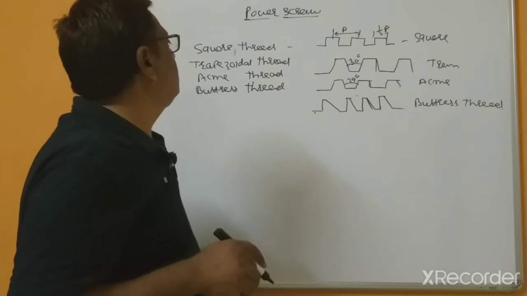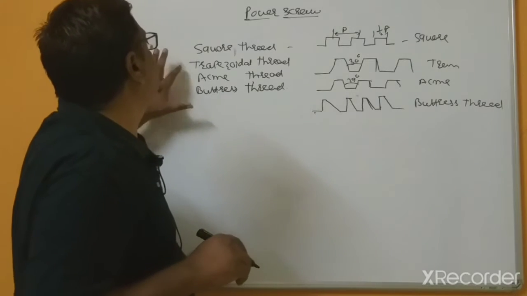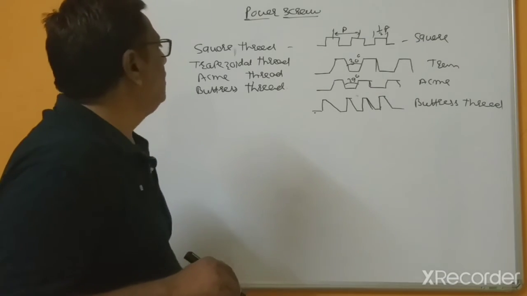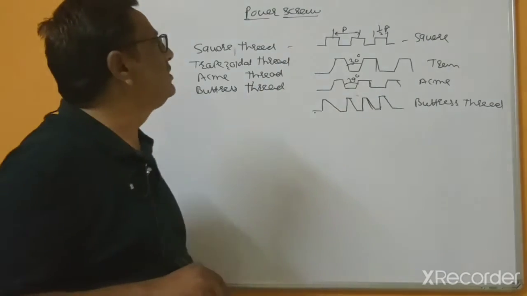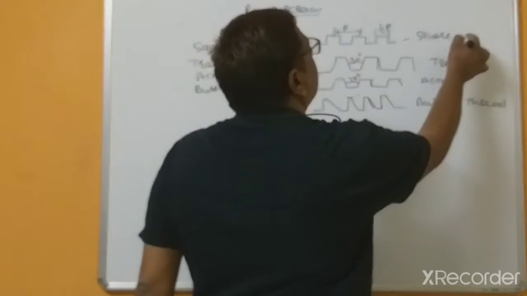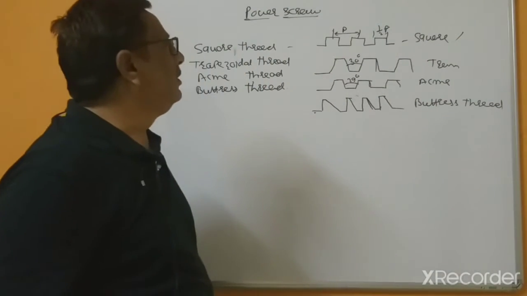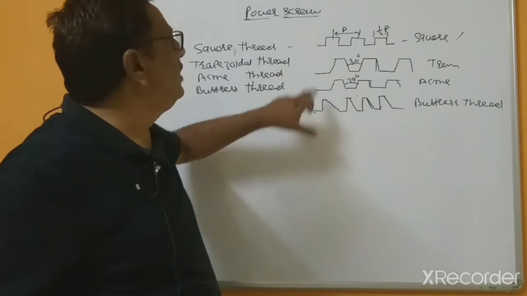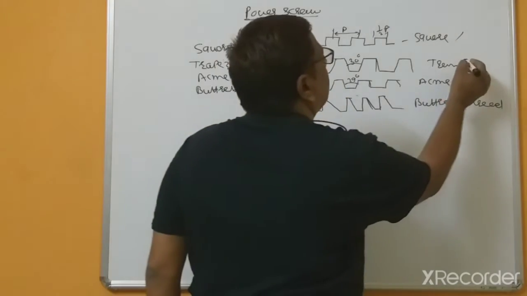So what is the advantage of the square thread, or the advantage of the trapezoidal thread, Acme thread and buttress thread? The efficiency of the square threads is generally less than 50%, but its load carrying capacity is low as compared to trapezoidal threads.